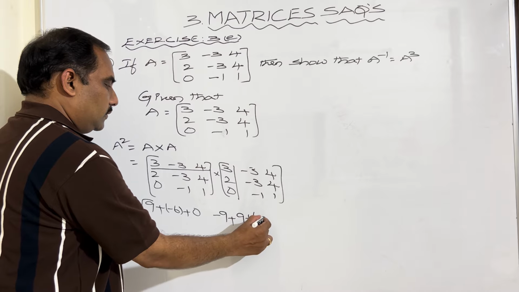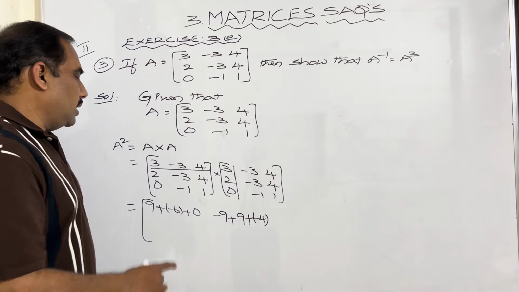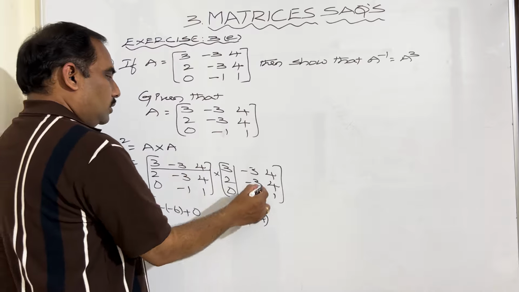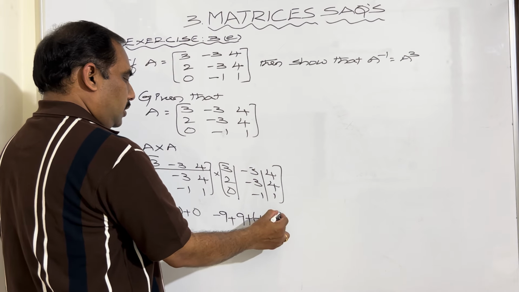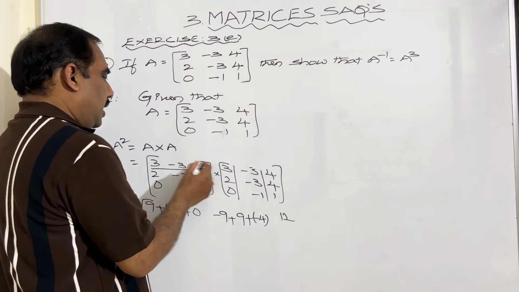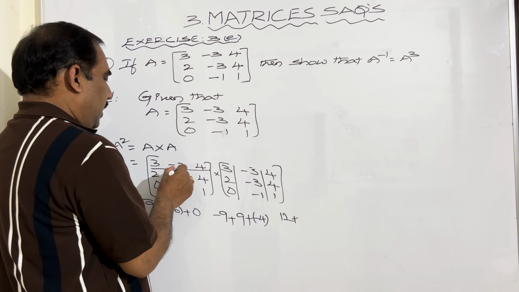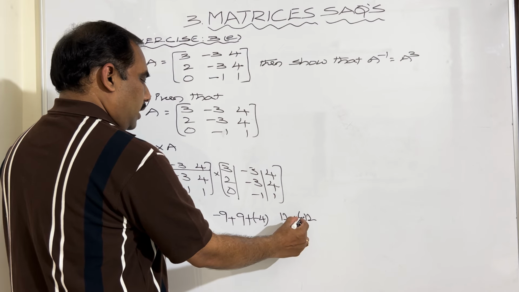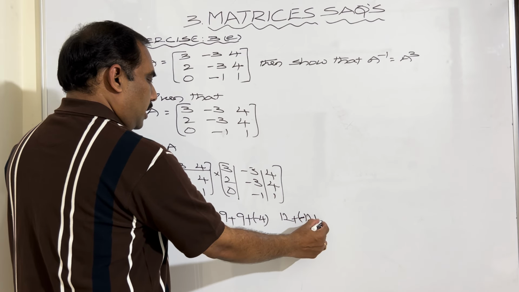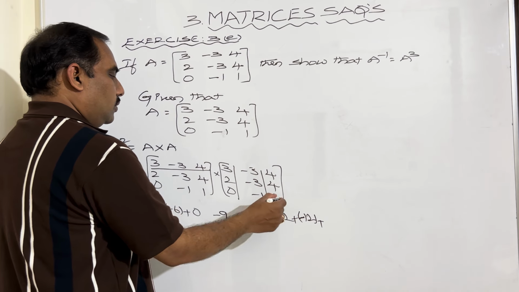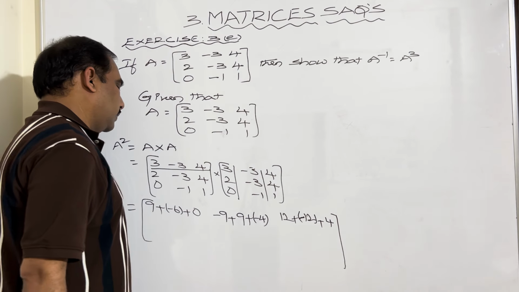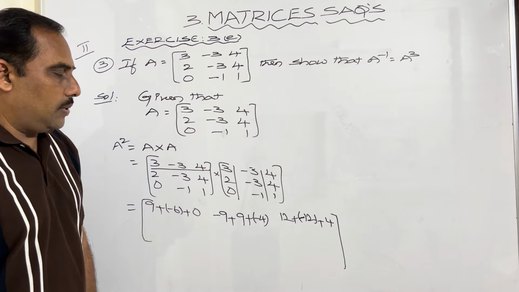First row, third column: 3 into 4 is 12, plus minus 3 into 4 is minus 12, plus 4 into 1 is 4.